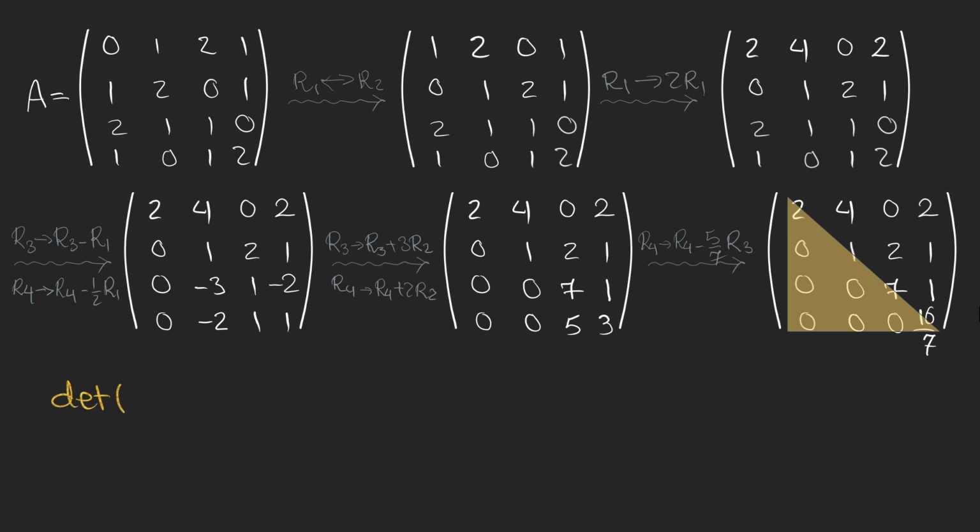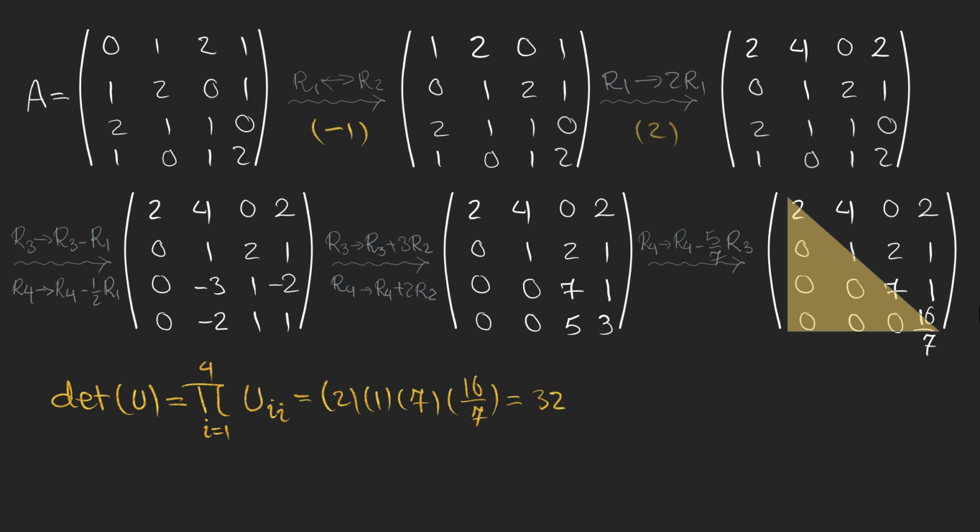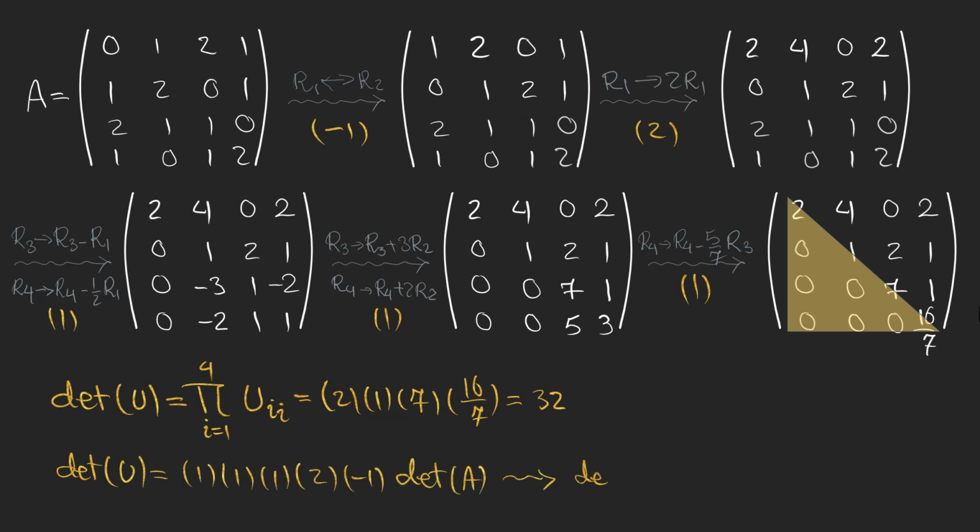The determinant of this matrix can be calculated by just multiplying the elements on the diagonal, and as you see, just for the swap and multiplication of a constant, we have non-unit determinants. Taking all the determinants of the elementary matrices into account, we can finally find the determinant of the original matrix to be minus 16.